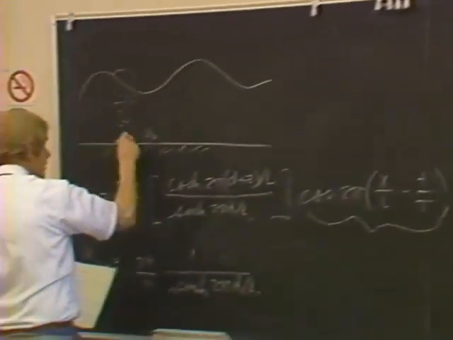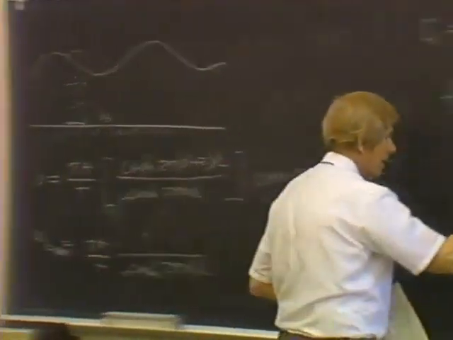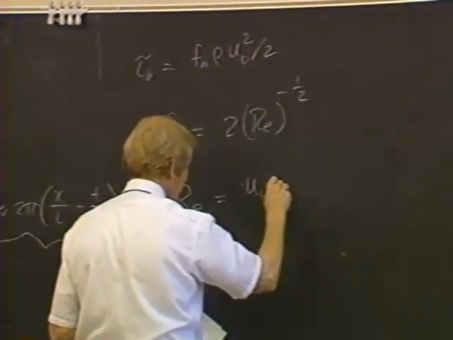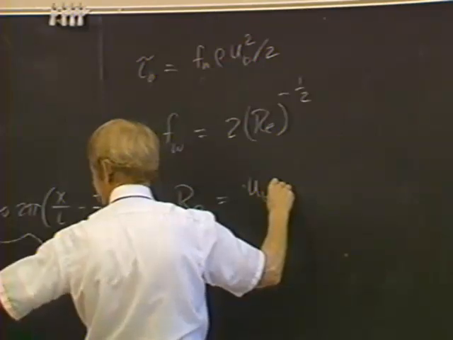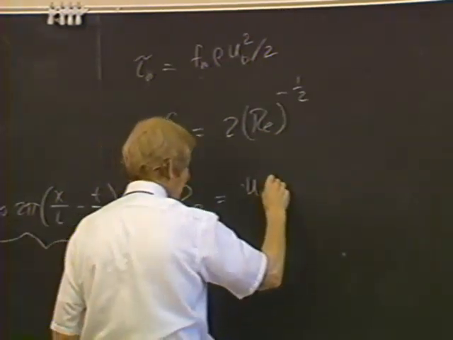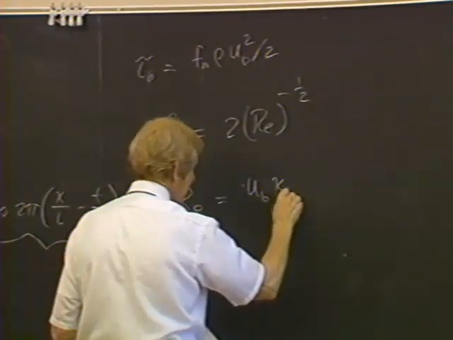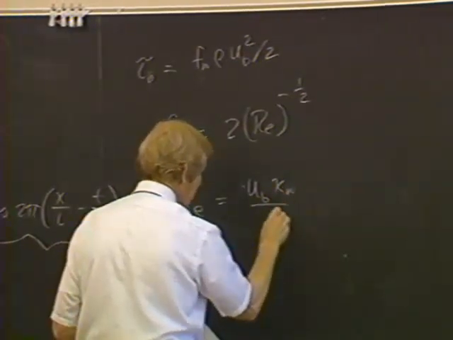Excursion is this distance here. U sub b times excursion. We've been calling it x, I'll call it x0 or x sub w, and divided by the kinematic viscosity.